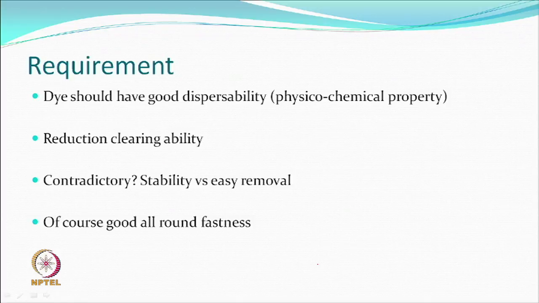So, from the ink point of view, in the dispersed dye inks, you are looking at good dispersibility. So, dispersibility means physico-chemical. The chemistry is responsible, which would mean the HLB value matching up with the surface active agent. Physical means that how much size you have reduced to the particles.